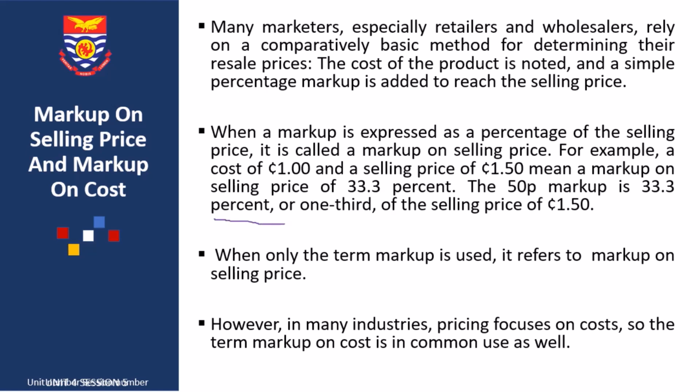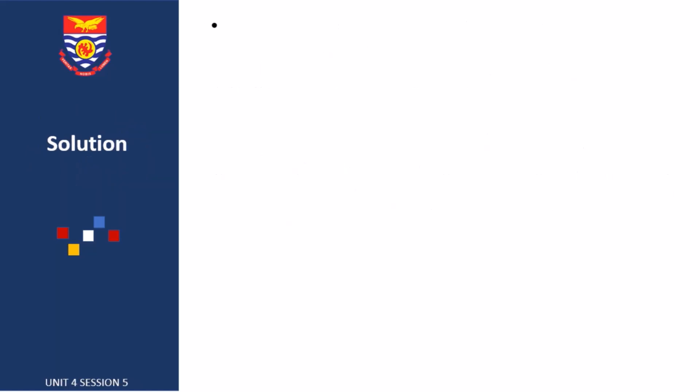It says that when a markup is expressed as a percentage of the selling price, it is called a markup on selling price. For example, an item costs 1 cedi and has a selling price of 1 cedi 50 pesos. Here, you realize that the selling price is actually 1 cedi 50 pesos.